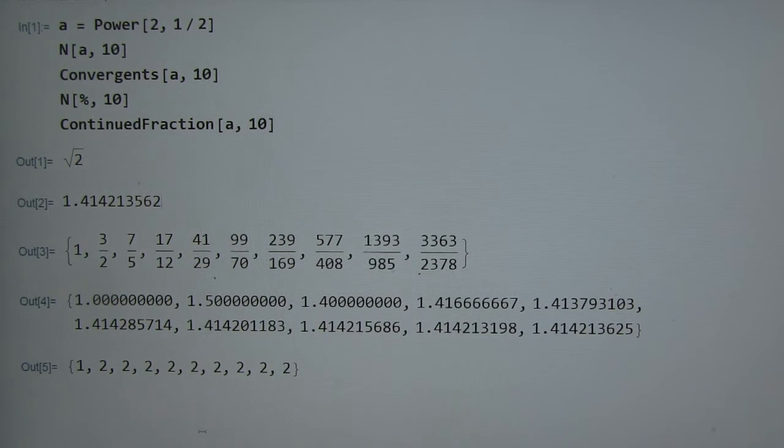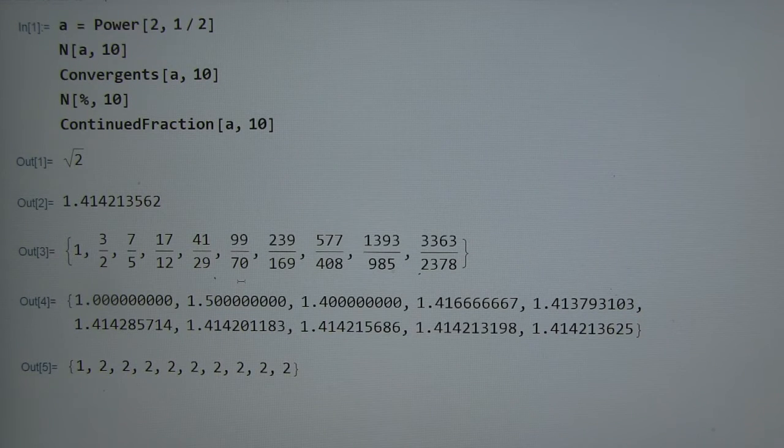Great. And from looking at the decimal expansions here, we can see that the convergents actually do converge pretty quickly on the number. So pick one that you think is an interesting one.